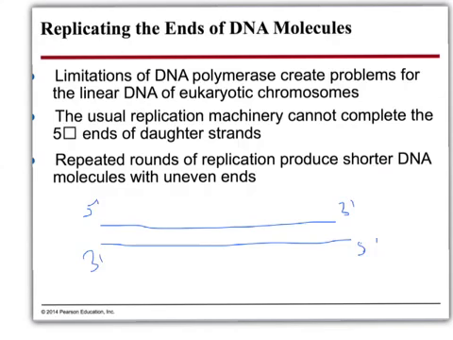We know DNA polymerase can only add bases at the 3 prime end. So as it runs through, it doesn't go all the way to the end. The ends of chromosomes tend to have an unfinished part. So this part will be replicated, it'll replicate up, and then it will sort of not finish.